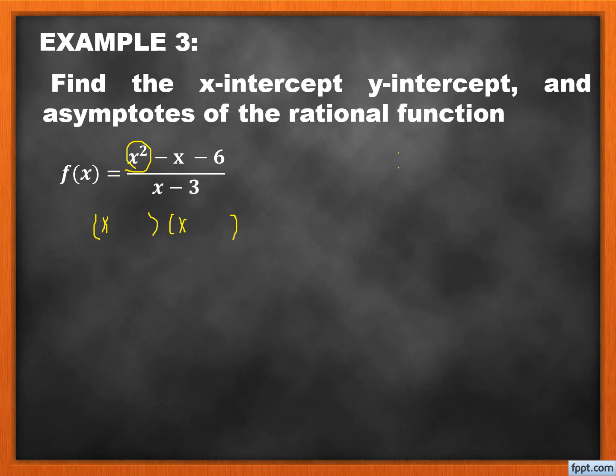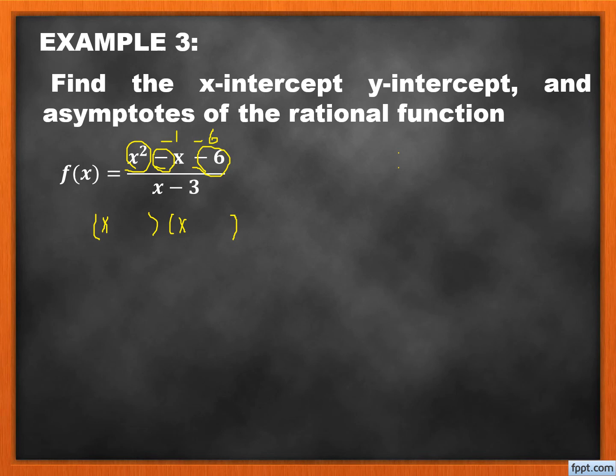Next, to get the other factors, isip kayo ng dalawang numbers na kapag inadd, negative 1 yung makukuha nyo, pero kapag multiply, negative 6 ang makukuha. Again, isip kayo ng dalawang numbers na kapag inadd, negative 1 ang sagot, pero kapag multiply, negative 6 naman yung sagot.